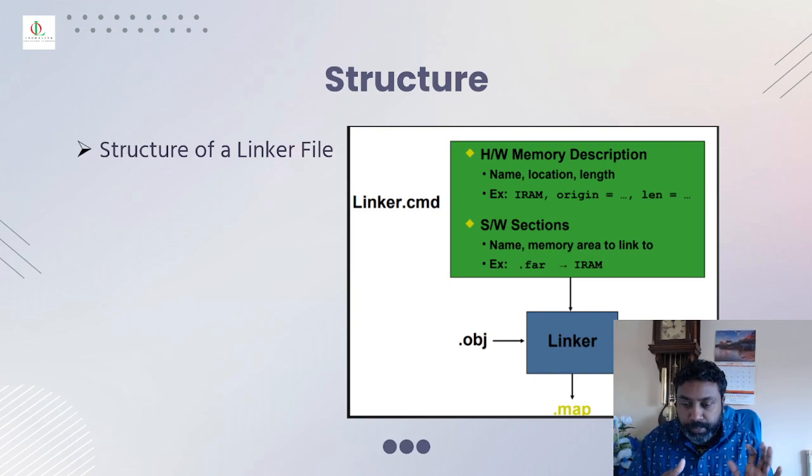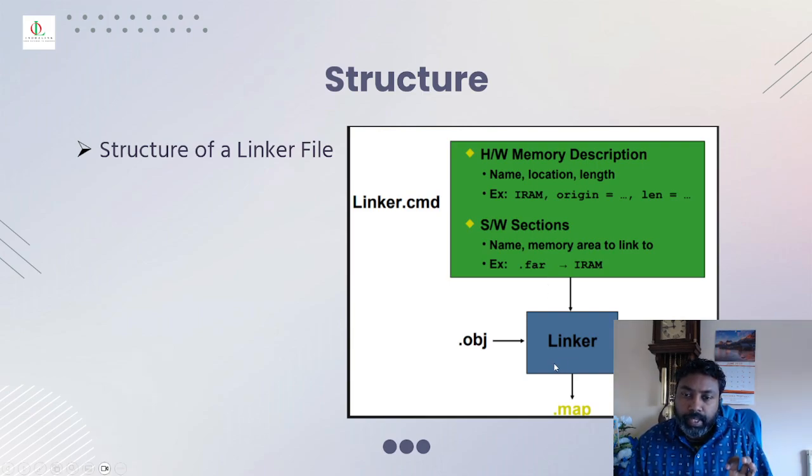In our example, you will see the flash and the SRAM, their origin and their length, how much space each is going to occupy. In STM32, we have a built-in 128 kilobyte flash and 512 byte RAM. The software sections will have the name of the section and the memory area linked to that particular memory allocation.